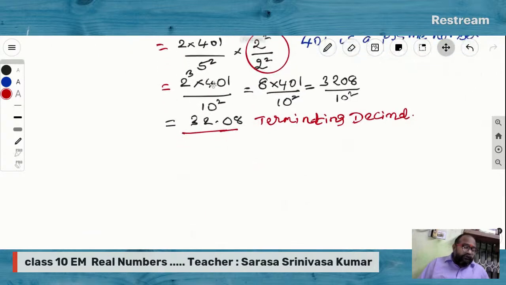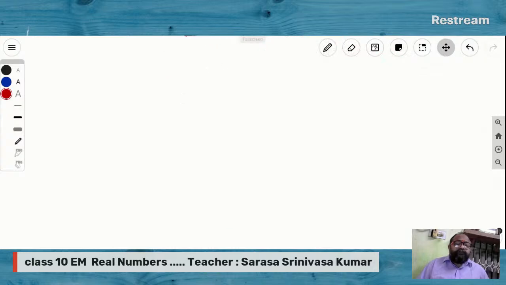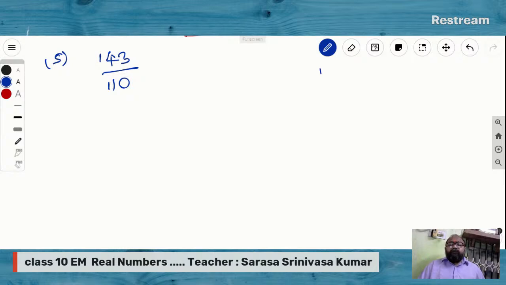We continue. Next problem. Fifth problem. 143 by 110. Now we find prime factors for 143. So we divide it by 11, 11 ones, 11 threes.